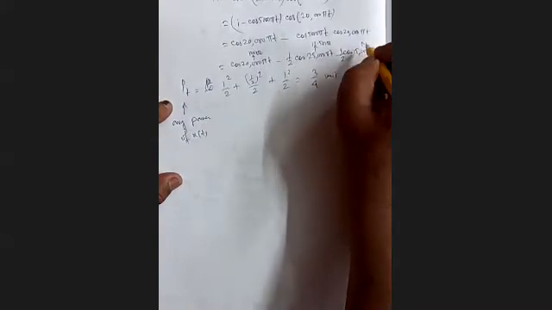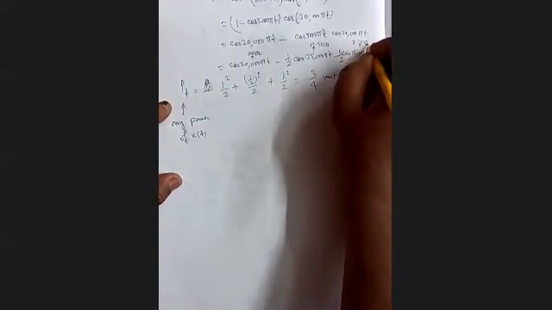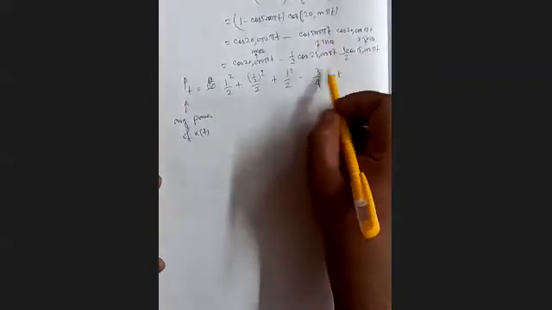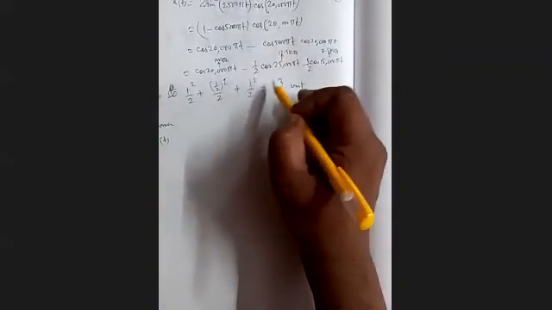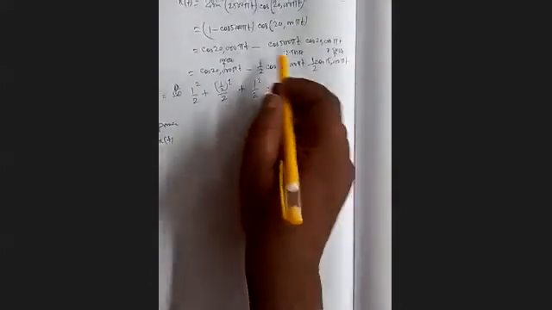And this frequency is 15,000 pi by 2 pi, 7.5 kilohertz. So this frequency is above 12 kilohertz, so it will be blocked by the filter. It will not come at the output.